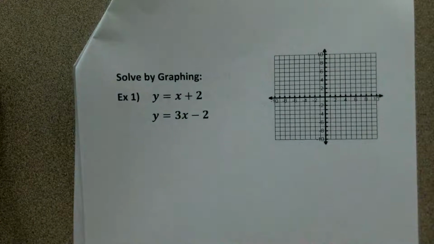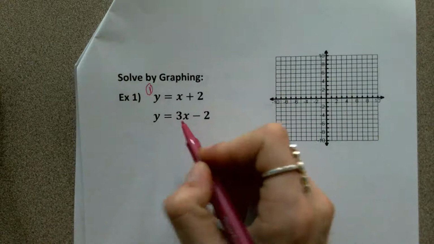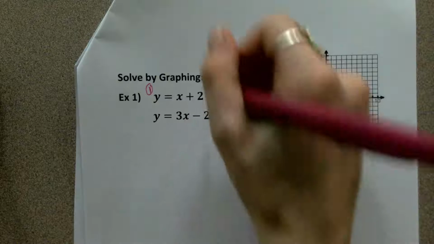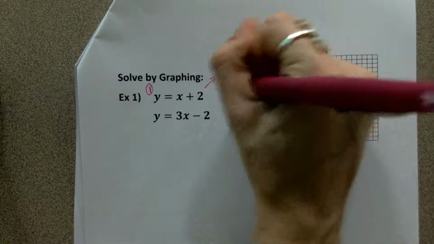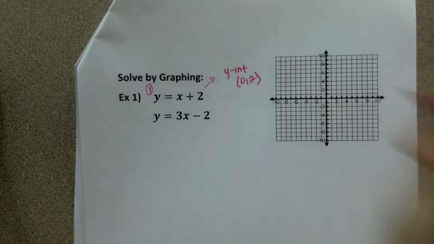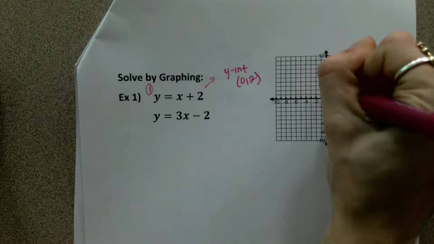Okay, so for example 1, solve by graphing. We have 2 lines in y equals mx plus b form. For this first line here, we have a y-intercept at 0, 2. That's our b, so we go ahead and plot that.